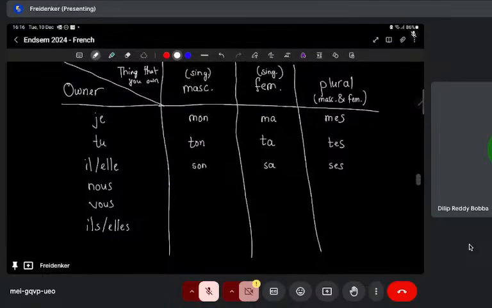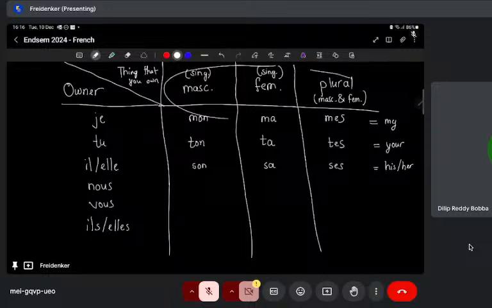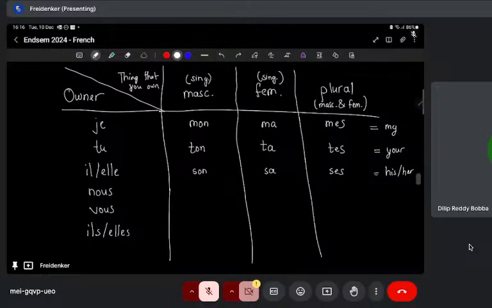The meaning is basically my for the first set, your, but singular, for the second, and his or her for this one. Here the gender of the owner is not considered; French considers the gender of the thing that you're owning, not the gender of the owner. Somehow it's affecting, but fine, we'll just look at the words.